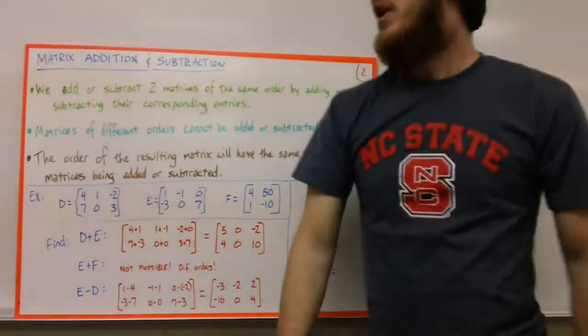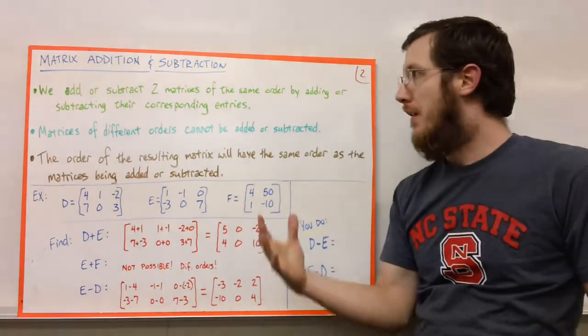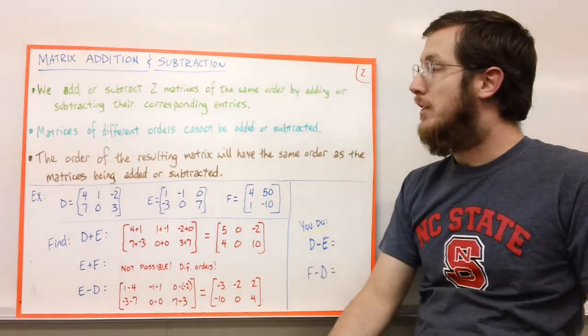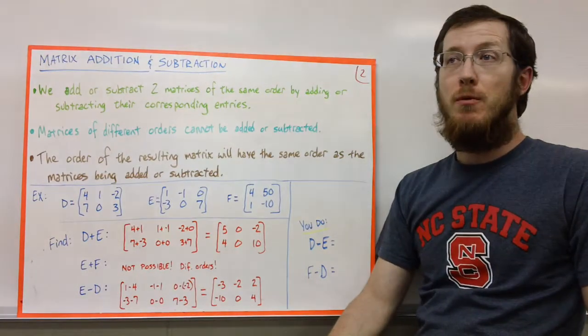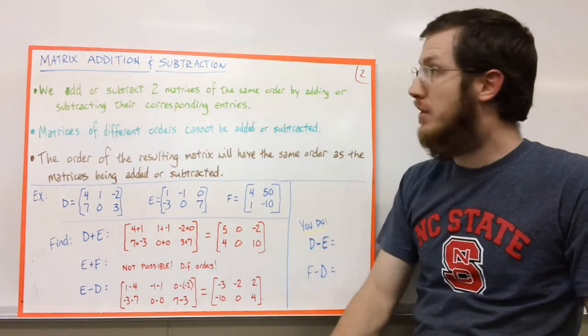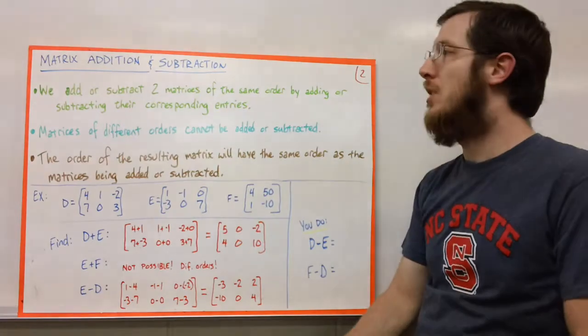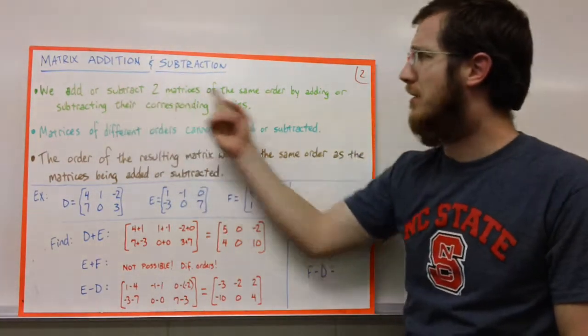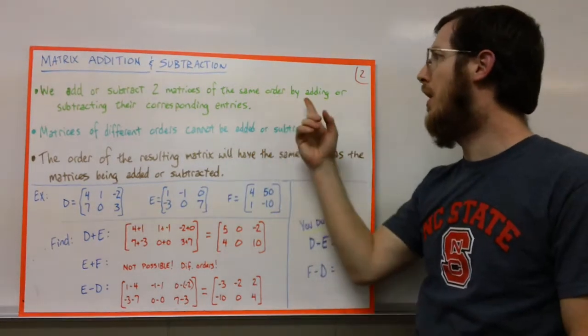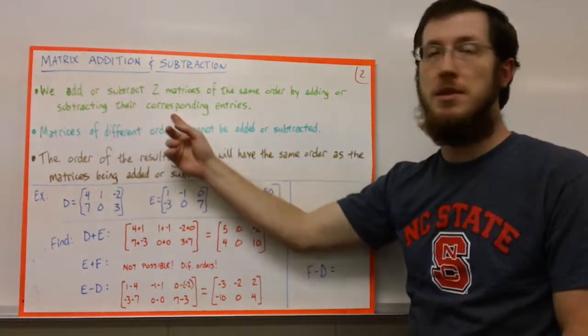We can do operations with matrices. There are similarities with the way we do operations with real numbers, but there are also some differences. Let's start off with addition and subtraction. We add or subtract two matrices of the same order by adding or subtracting their corresponding entries.